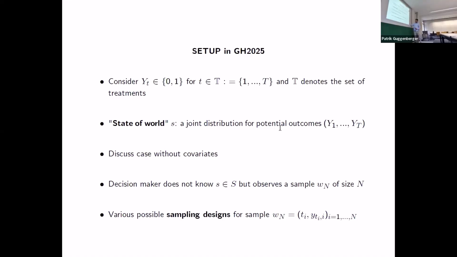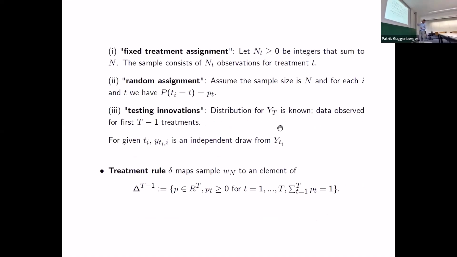It always has two ingredients, the observations for every individual. First, the policymaker learns which treatment T_i individual i was exposed to, and then what the outcome for that treatment was for that individual in the sample, Y_{T_i,i}. And the sample size is n. Here are some examples of how that sample could be generated.